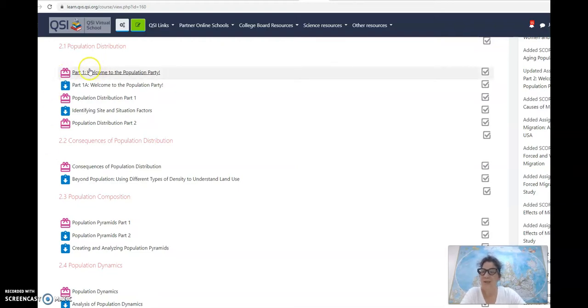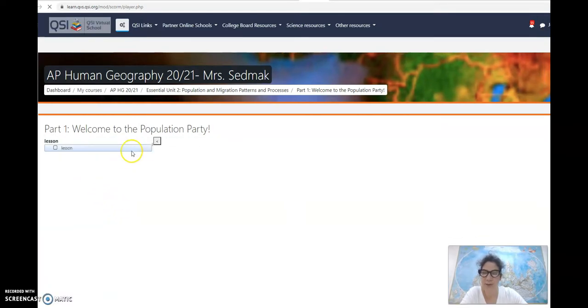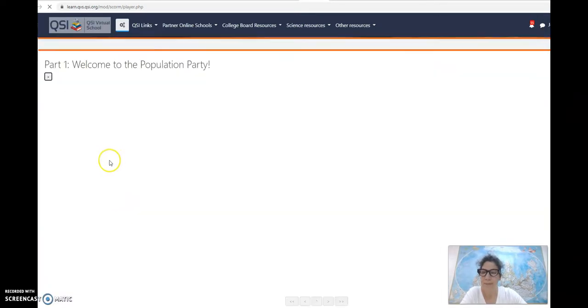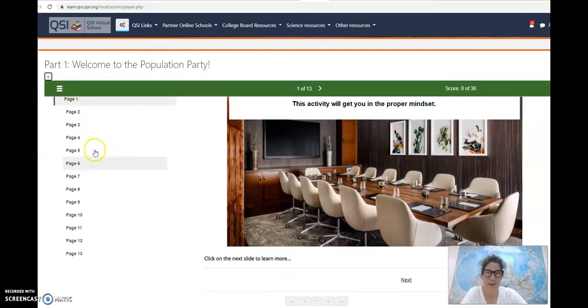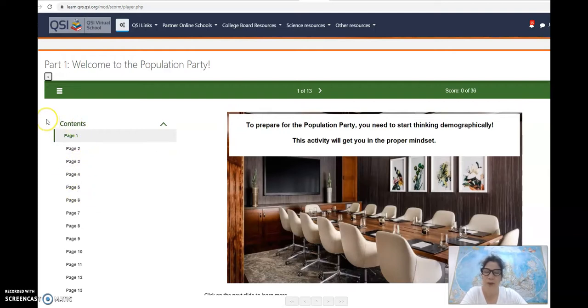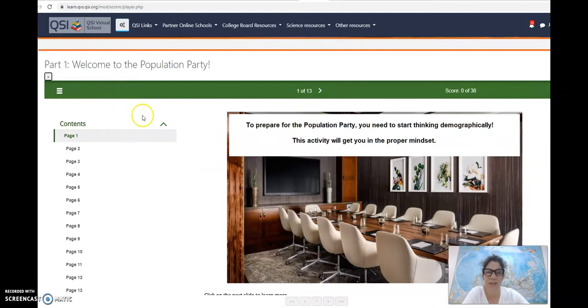The first activity is a population party. So let me talk to you about this activity. I can open it up for you. So let me open that and present this activity to you. It starts out by saying, welcome to the population party. Each one of you will get an email from me. And each one of you will be taking on the role of a different person within the field of the study of population.